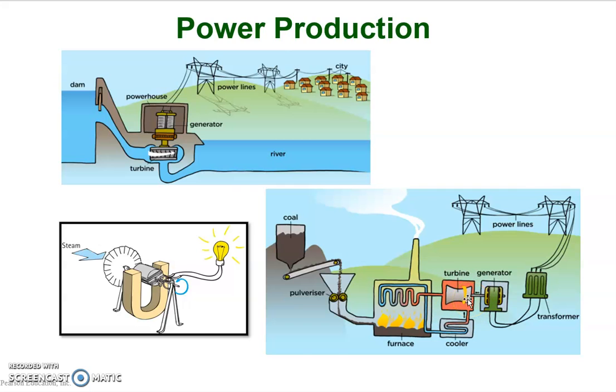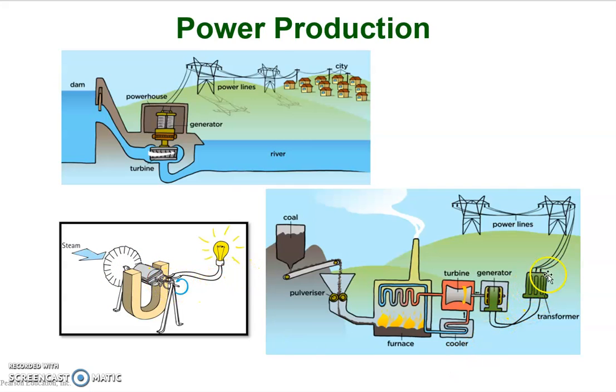How the turbine rotates is shown in these pictures. The steam moves very fast as particles hitting this part of the generator, and once they hit that, it will start to rotate. So the steam is doing mechanical work, and the mechanical work will be converted once again to electricity.